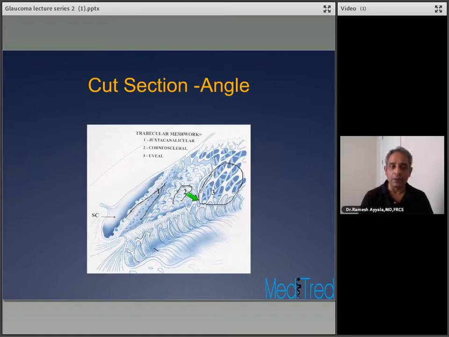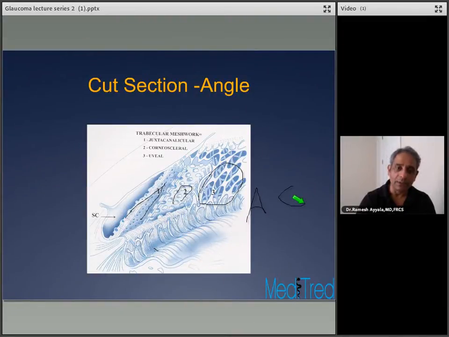So what I want you to understand is this. Number 3, the uveal portion, is the one that's facing the anterior chamber. So the anterior chamber is right here. So the aqueous first faces the uveal portion of the trabecular meshwork. This uveal portion is made up of bands, what we call a trabeculum.